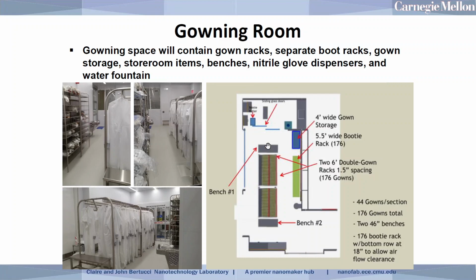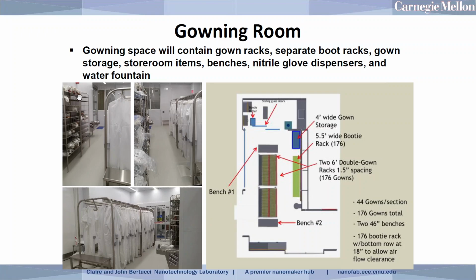We have benches that you can use to help yourself gown up. In the center here, you will see either racks for hanging up the garments, or bins for garment storage. New garments can be pulled from the gown storage area here, which is basically just a series of racks. We also have special racks for the booties that go on over top of the shoe covers.